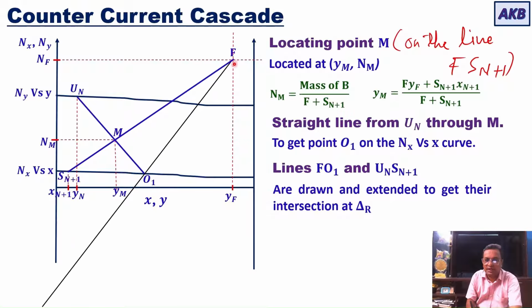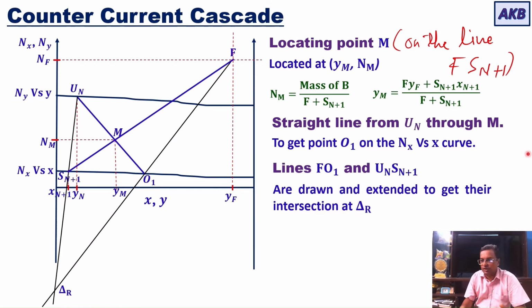So I will draw a straight line from f, allow it to pass through O1, and extend this line. Then I will draw a line that starts at un, passes through Sn plus 1, and allow it to extend to get this point. This intersection point is nothing but the difference point, delta r.